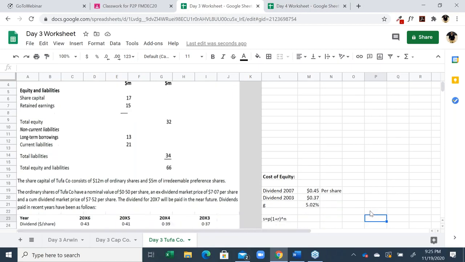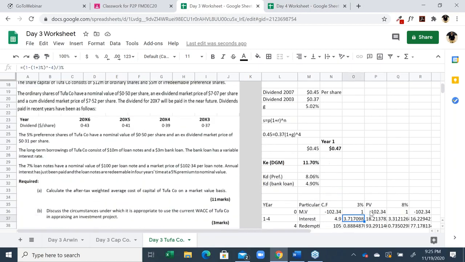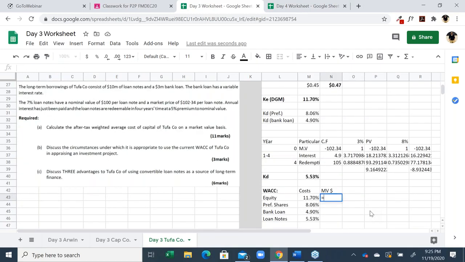So 12 million, which means 12,000 in thousands, multiplied by 7.07. And let me state that we are getting it in thousands. So that's the market value of equity.